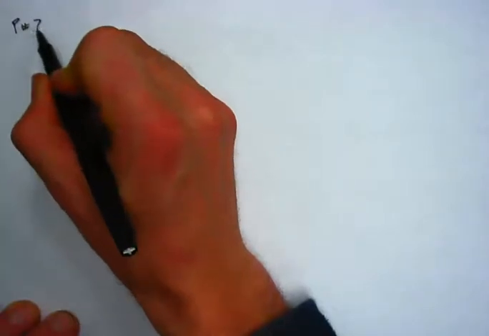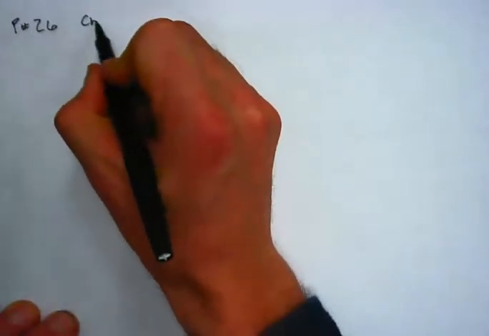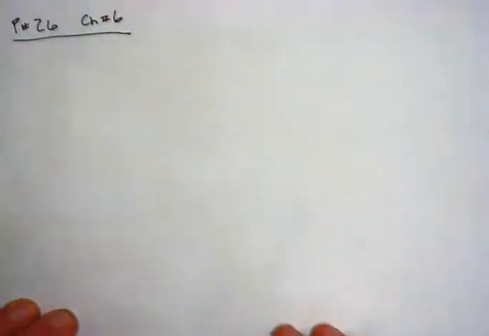We're going to do problem 26 from chapter number 6. The topics we're going to talk about today are springs, conservative and non-conservative forces, and potential energy. So lots of good stuff in this video.